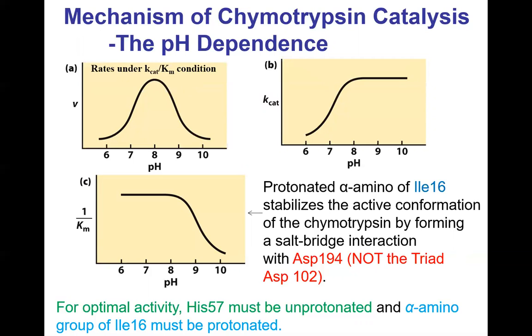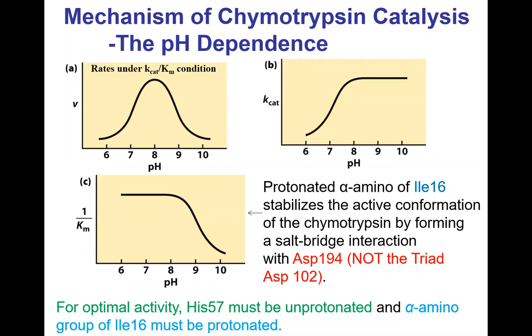Remember, the kcat by Km condition is the phase where you have a linear dependence of rate on substrate, where the rate is proportional to the concentration of the substrate. That happens when the substrate concentration you choose is much less than the Km value. So if the Km value of the substrate is 10 micromolar, and you're doing a reaction with a substrate concentration of 2 micromolar, then you are operating under kcat by Km condition.